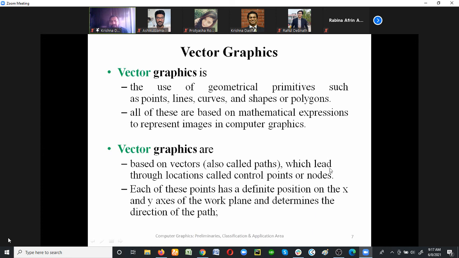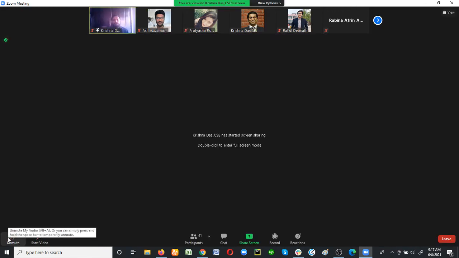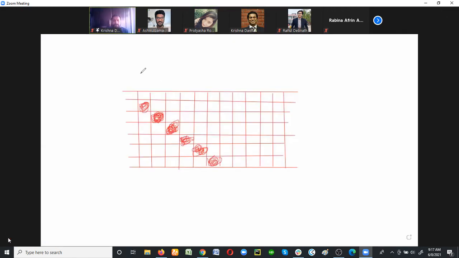Vector graphics are based on vectors, also called paths, which lead through locations called control points and nodes. So from one point to another point we move on to draw. If we think about raster graphics versus vector graphics on the same screen, then in vector graphics you say a node or point, say V1, goes along a line up to the V2 location, and that creates the line.